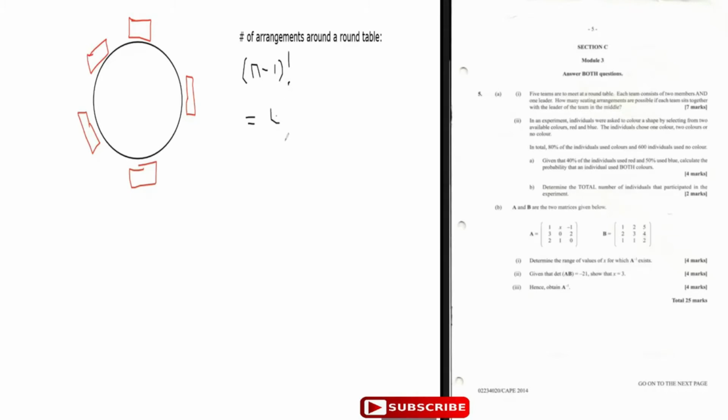But when I finish it, multiplied by, we need to look at the different combinations now of how the teams are seated. The leader sits in the middle. Well, he doesn't have to, but he wants to. So the leader of each team sits in the middle.